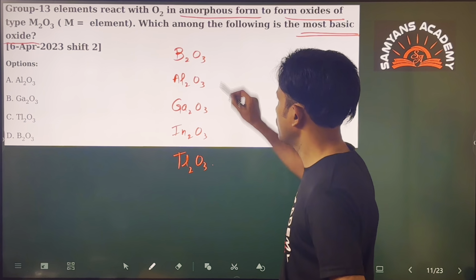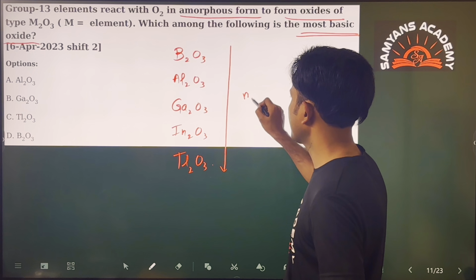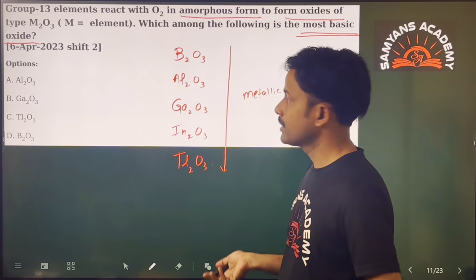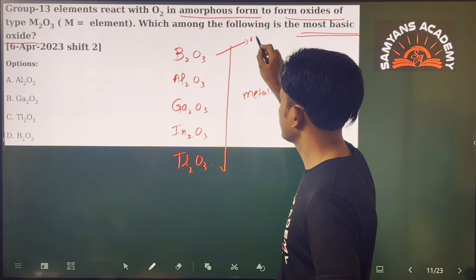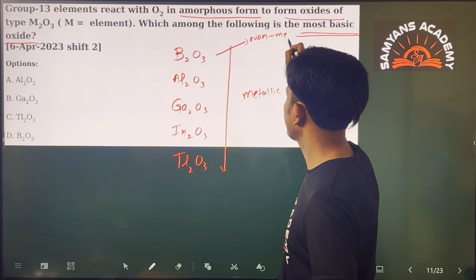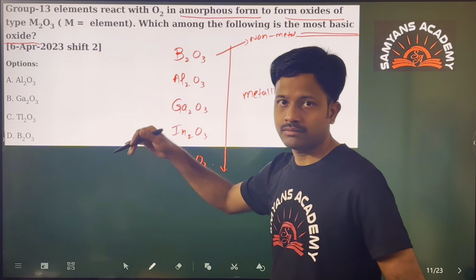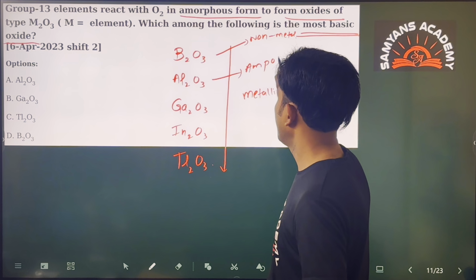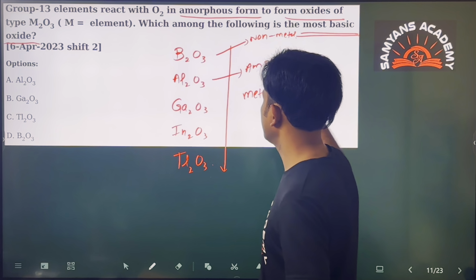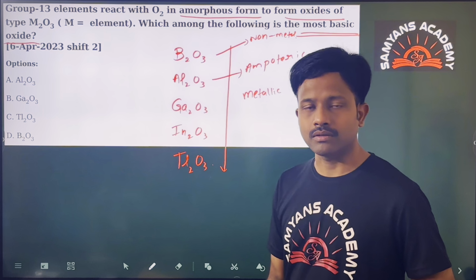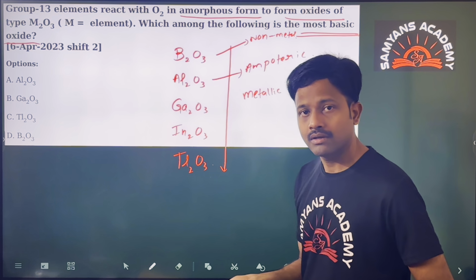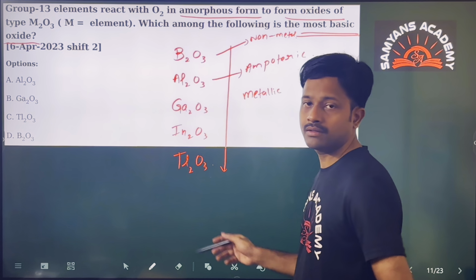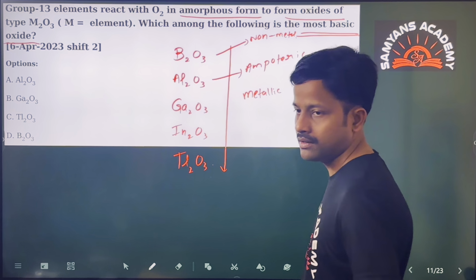Boron oxide is a non-metal oxide, and non-metal oxides are acidic in nature. Aluminium oxide, Al2O3, is an amphoteric oxide. It has dual nature: it can act as an acid as well as a base. So as you move down the group, the basic character increases and the acidic character decreases.